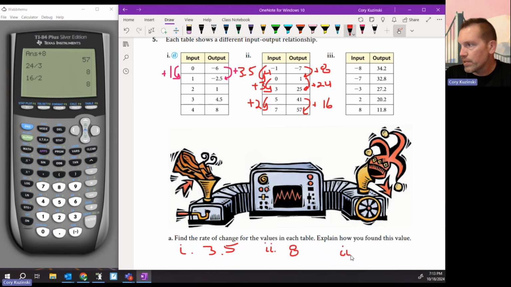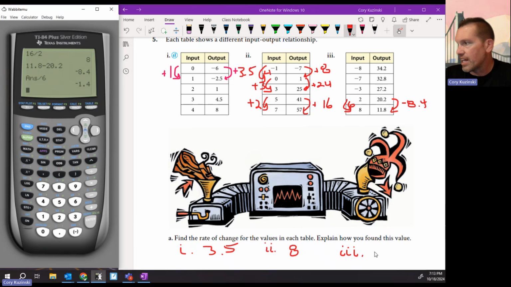All right, what about 3? Oh, kind of ugly here. Maybe I just go down here to the positive numbers. Okay, 11.8 minus 20.2. That's negative 8.4. But 8 from 2 is an increase of 6. So negative 8.4 divided by 6.